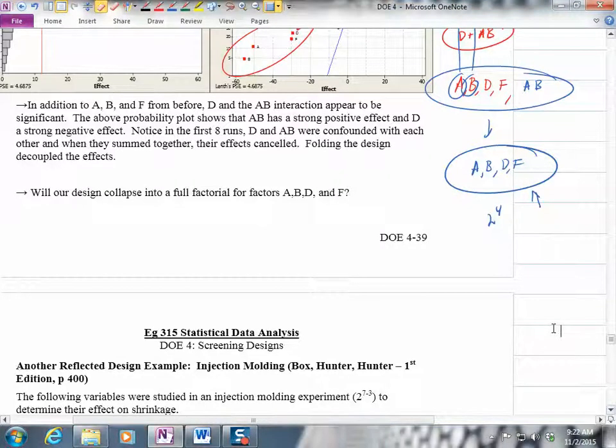Full factorials and center points. We'll do center points, test for curvature, and then go from there. Any questions about that?